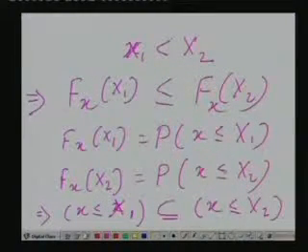If it is strictly contained, the probability is strictly less, but since it can be the same also, it means that F_x(x1) is less than or equal to F_x(x2), which means the probability distribution function is a non-decreasing function. This is very important.